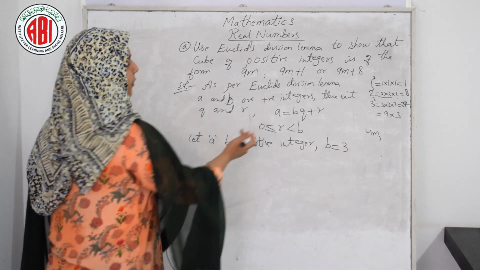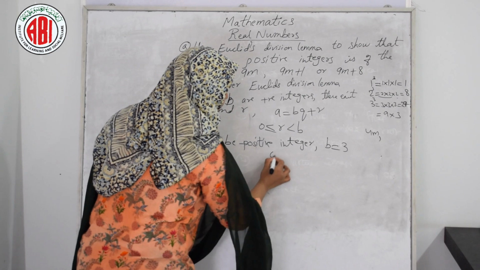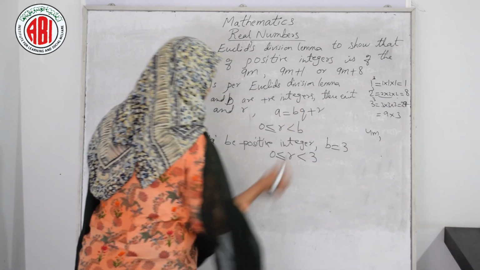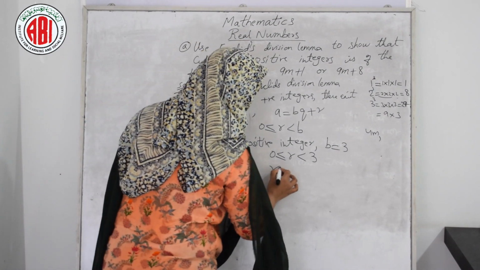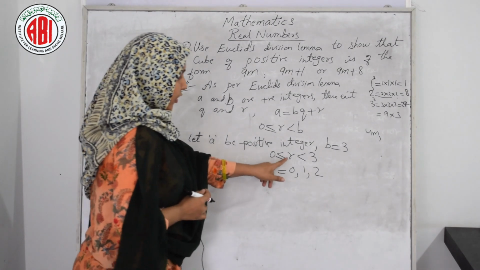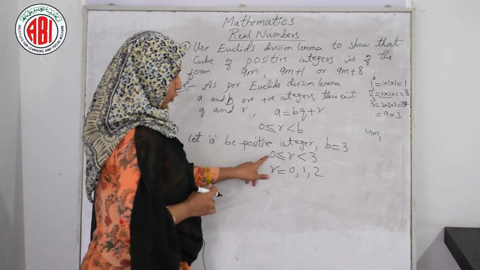So same thing we will apply over here. What about the remainders? 0 less than or equal to r less than 3. The remainders will be 0, 1 and 2.